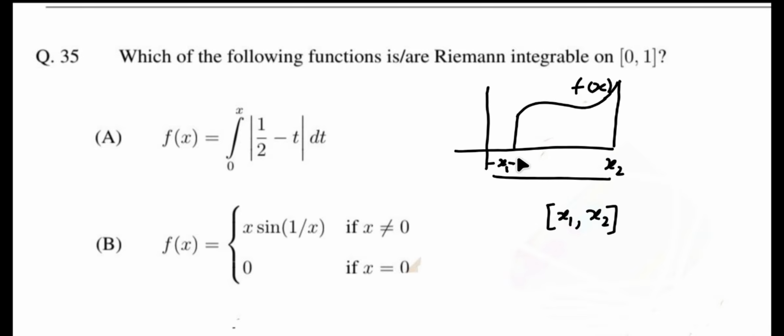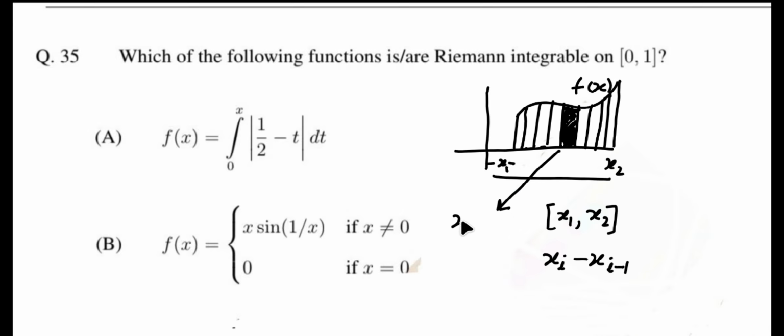Riemann integrability also involves the area, and in this integrability we partition the whole area into a large number of small areas of equal length. We consider this area. The length of the part is xi minus xi minus 1.